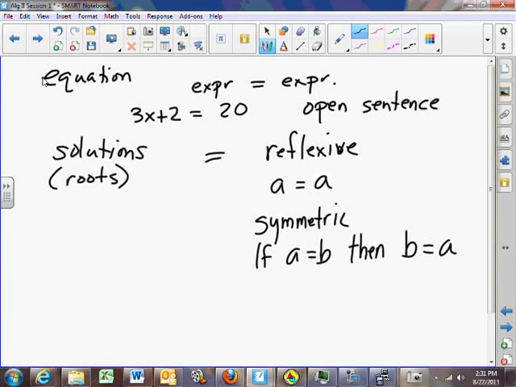The third property of equality is called the transitive property. The transitive property kind of gives you a chain of linked equals.